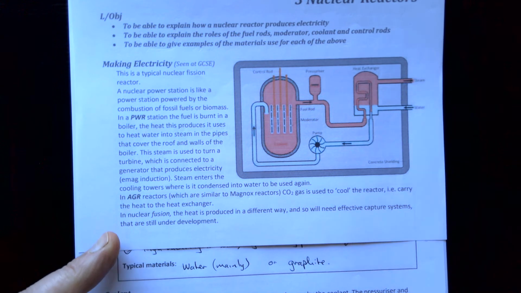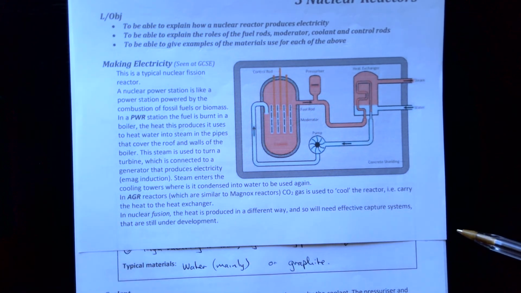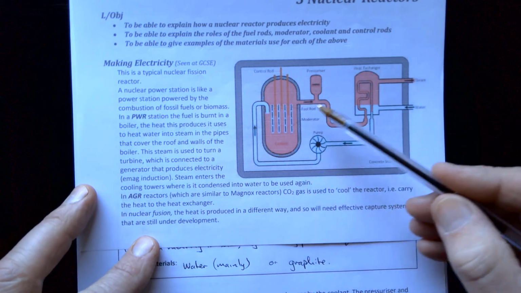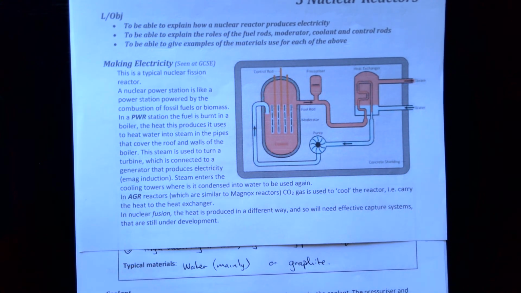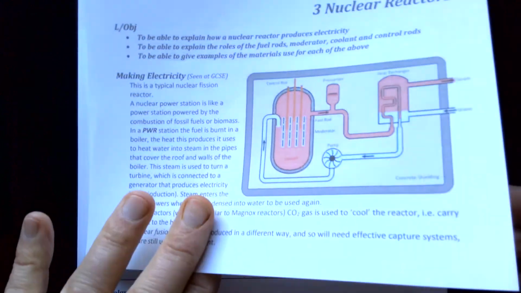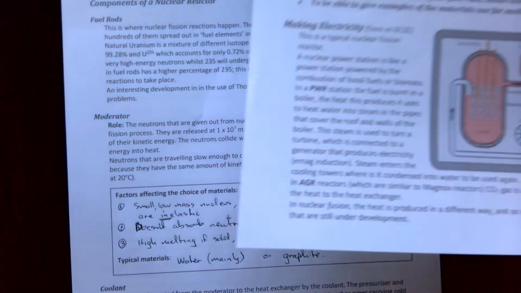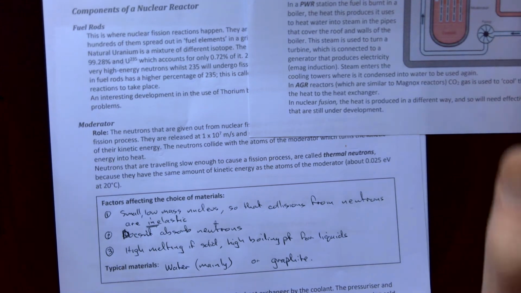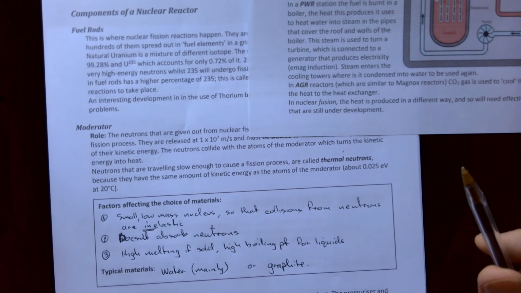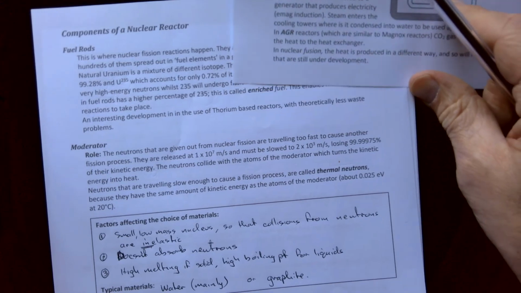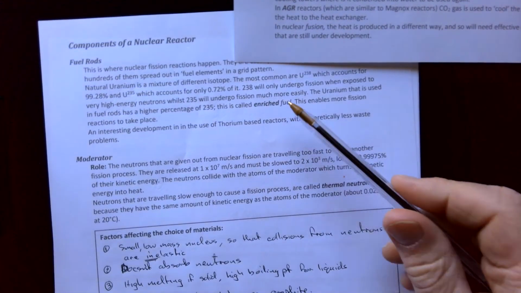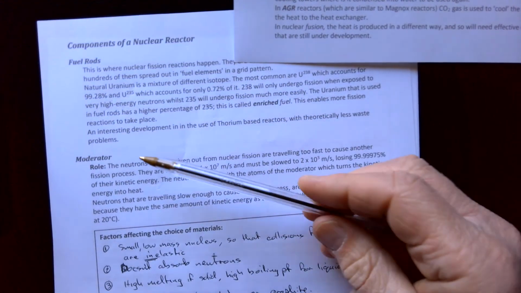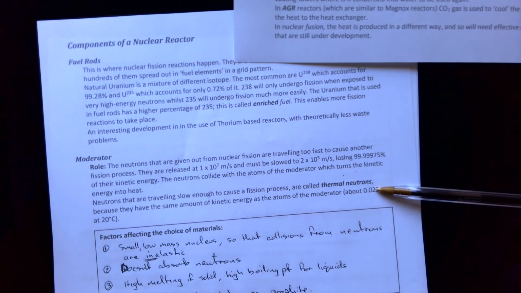They're not necessarily as important in other thermal power stations, although they do prevent corrosion if you keep it sealed. So again, it's slightly better. But if you know your 4 parts, the fuel is fairly obvious, but there's a little bit of detail. Uranium-235, not 238, enriched to make more of it in the fuel rods. Okay, so key word there. You've got the moderator to give you your thermal neutrons.